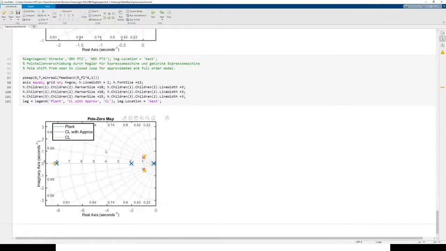Last but not least, this plot is kind of important because it shows the following. Our hardware is a PD3 system, but we said it's approximately a PD2 system, and now we're designing the controller for the PD2 system. You take that controller designed for the PD2 system and plug it into your espresso machine, which is a PD3 system.